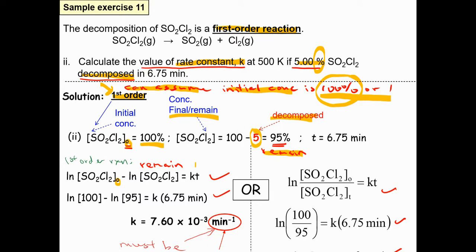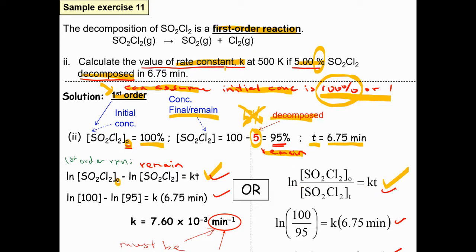So this answer is wrong. Now time is given, 6.75 minutes. So what you do next is substitute into the integrated rate equation. You can choose this format or another format. It's actually the same mathematics.